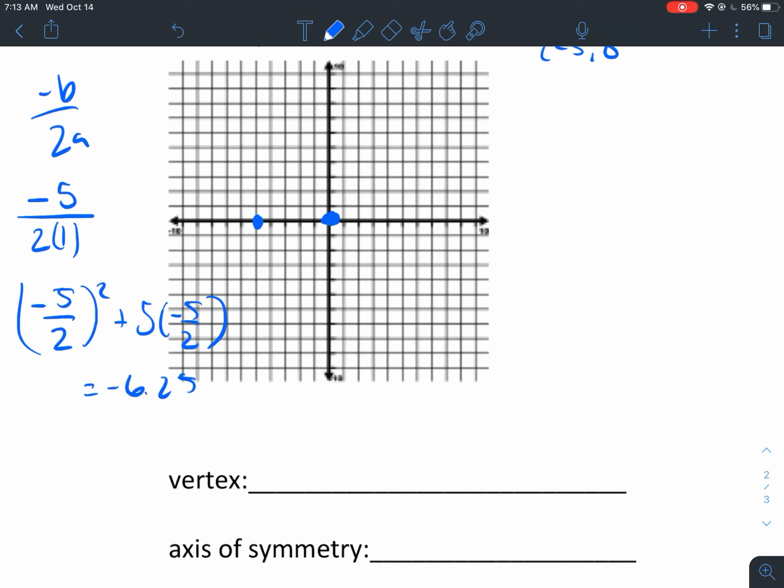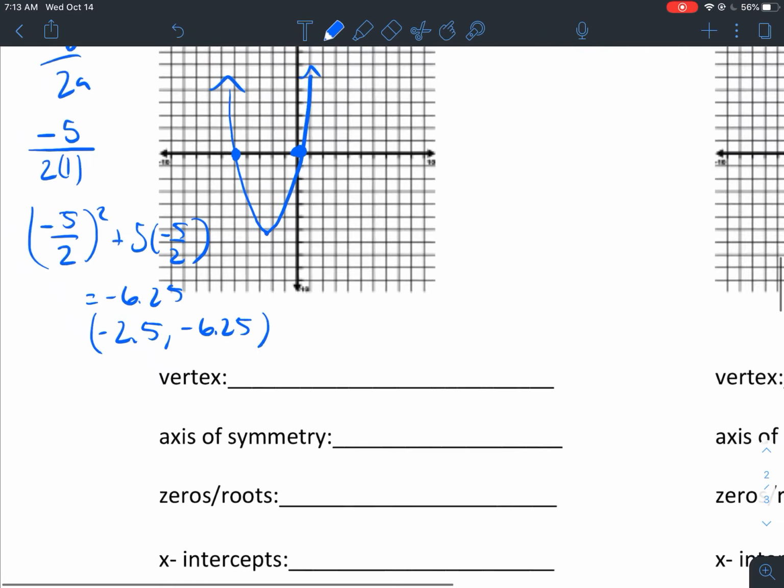So the vertex is going to be negative 5 over 2, which is the same as negative 2.5. Then we get negative 6.25. So we go 1, 2, and then 1, 2, 3, 4, 5, 6. And that is going to be our vertex there.